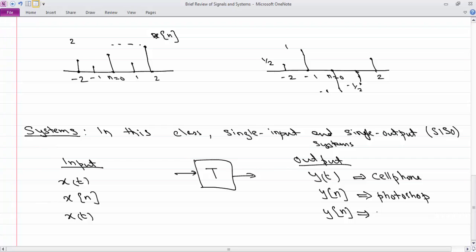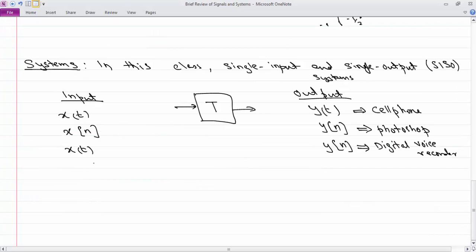An example of that is a digital voice recorder. You are using voice, that's continuous. You are generating an MP3 file, that's discrete. And the last example is you are taking something which is discrete as input and generating a continuous output. An example of that is an iPod. It's using a digital file, an MP3 or whatever, and then it's producing music which is continuous time.